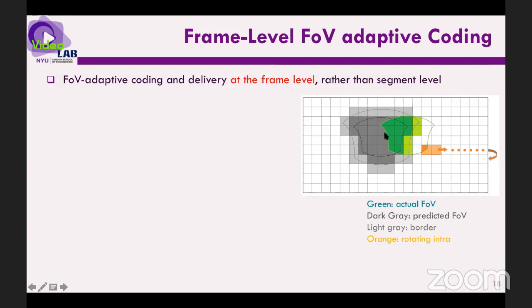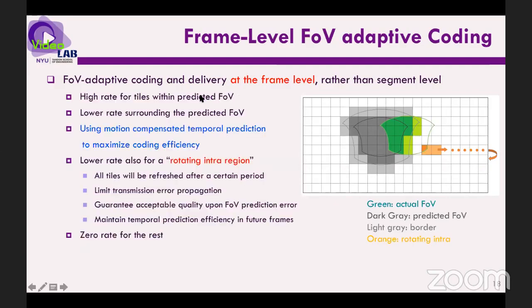Here, the green represents the actual FOV, the gray represents the predicted FOV. The dark gray is the tiles that fall in the predicted FOV, and the light gray are a border surrounding it. In our system, we assign high rates for tiles within the predicted FOV. We assign a lower rate for the border surrounding the predicted FOV.